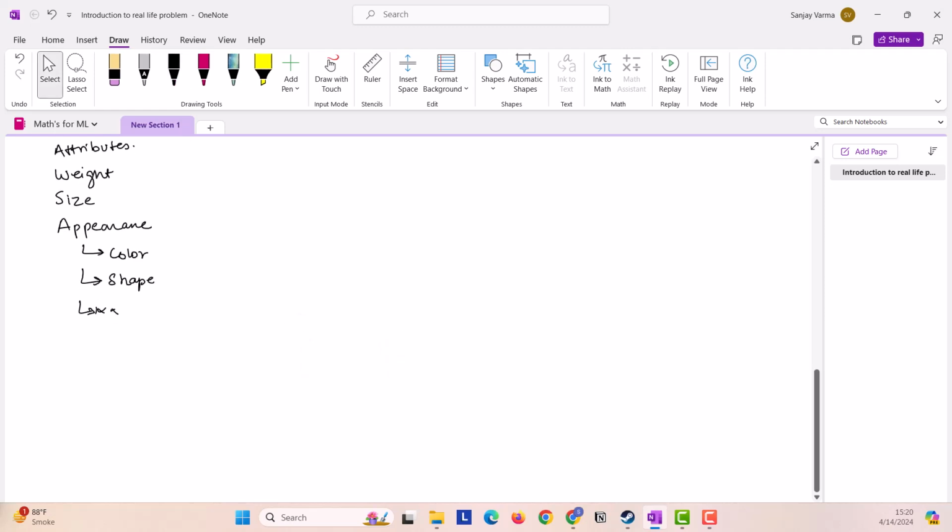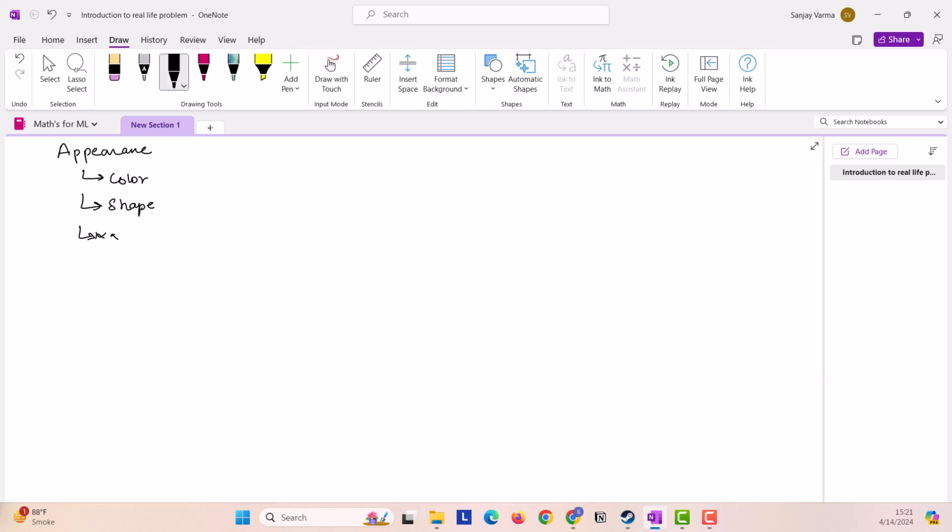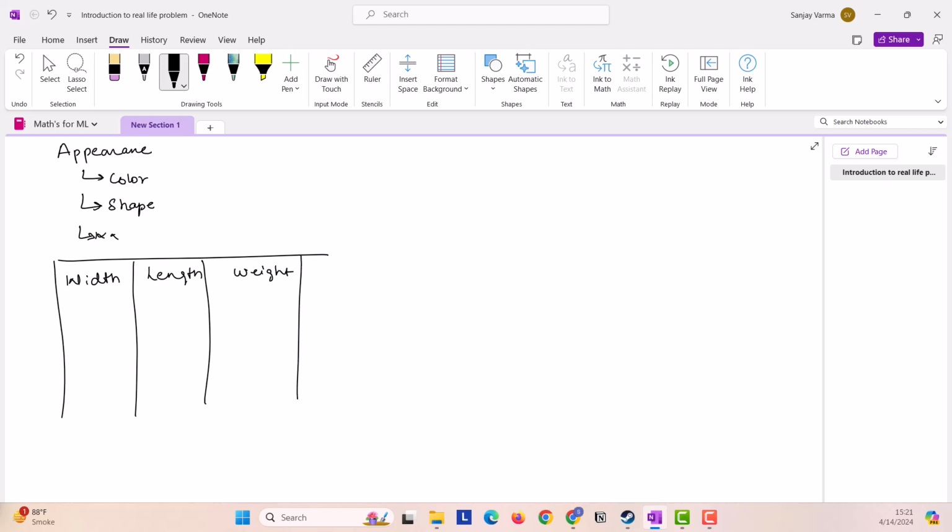So after some time we get this data. So let's say the machine collects different data for different fishes, and we get data, let's say width, length, and weight. So this is the data we got from the machine, and someone has manually classified these by looking at this data.